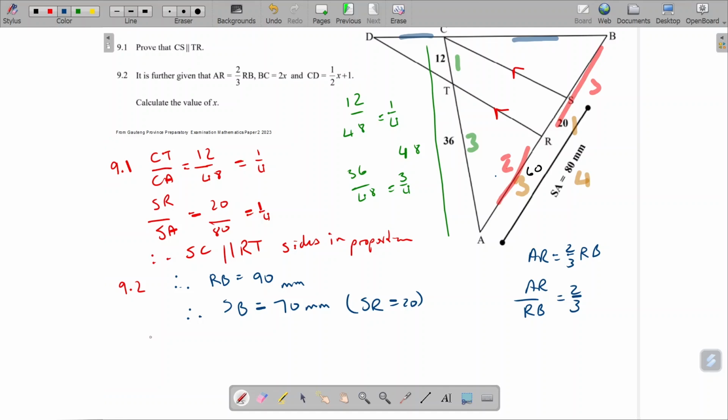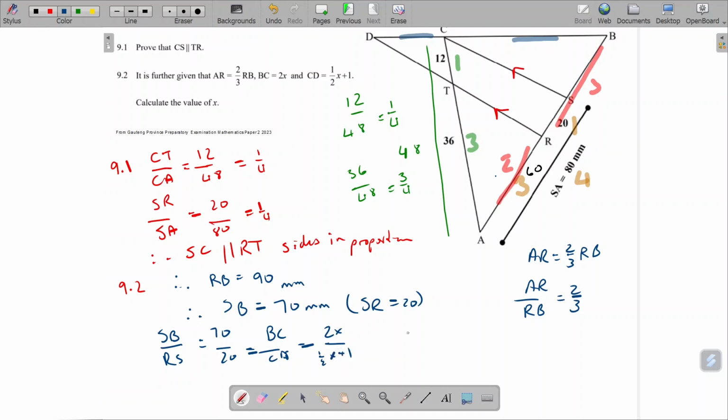So we can now write down our statement. SB over RS is 70/20, but it will equal BC over CD, which equals, BC was given to us as 2x, and the other one was a half x plus 1.